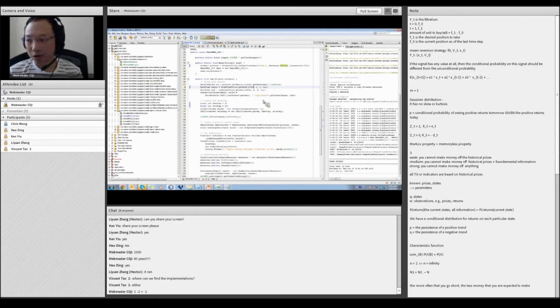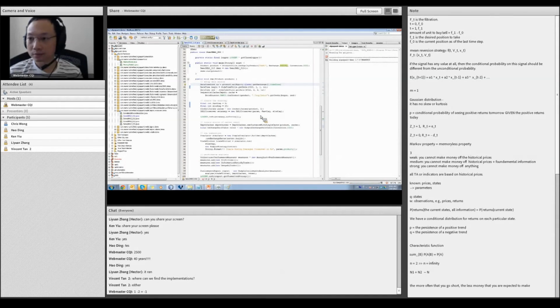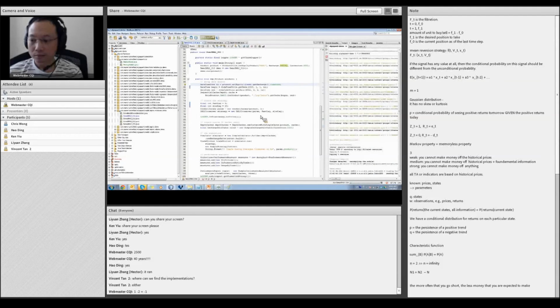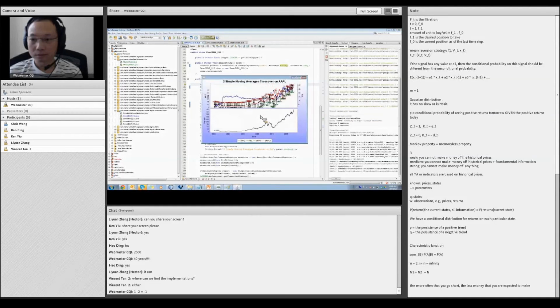So you see, this trend following strategy is not working when there's a long-term trend for Apple. You see, this is a long-term trend. But in fact, this simple moving average crossover strategy is not working. You see, there's a big drawdown here. So buy and hold works a lot better. So let's try our favorite parameters, 1 and 2.